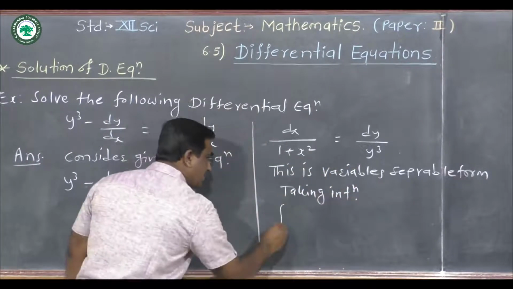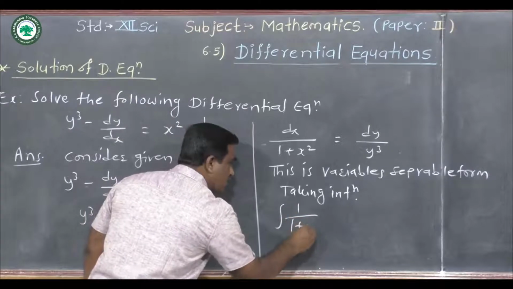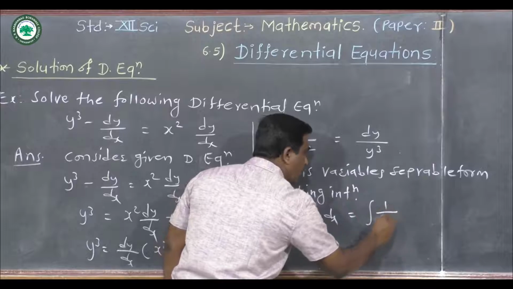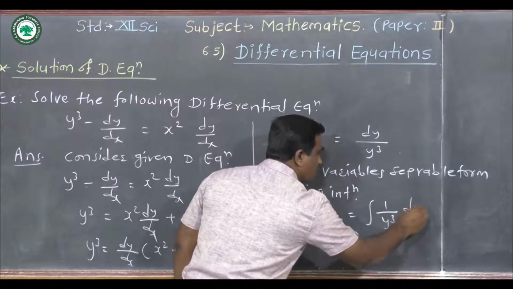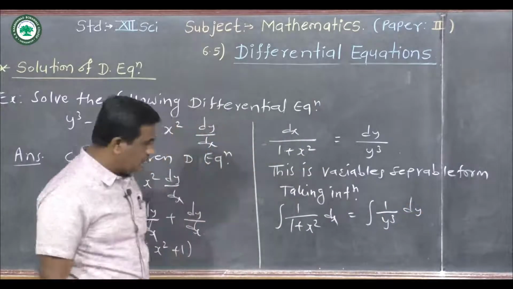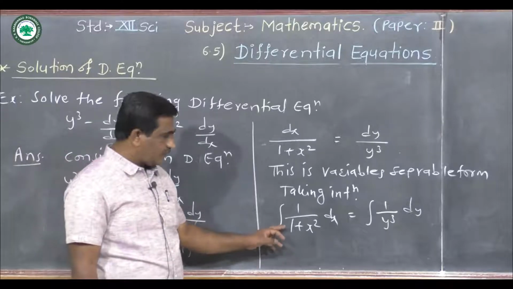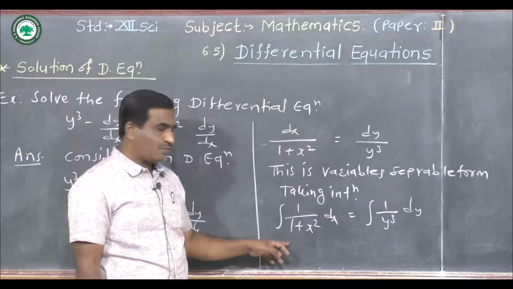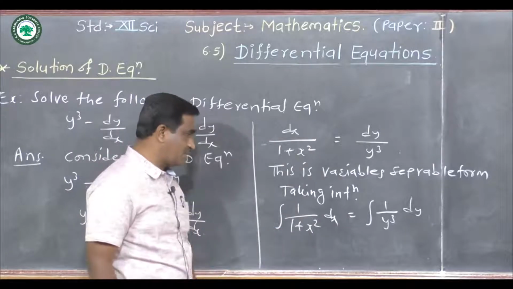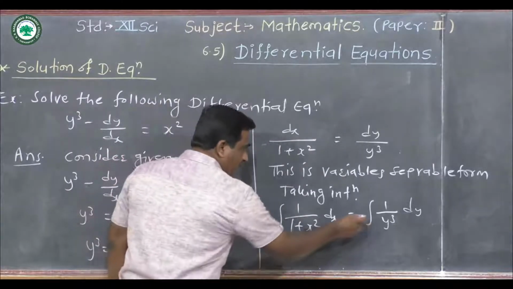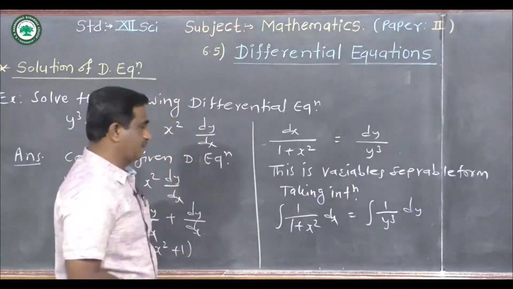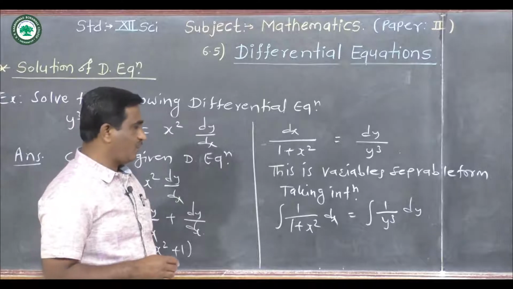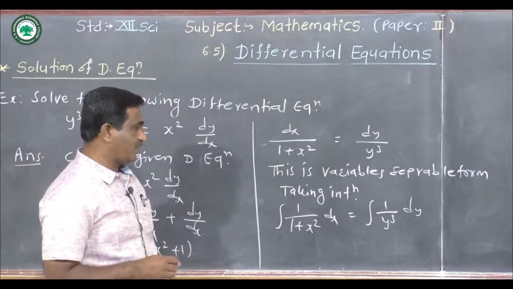we can write the integral of 1 upon 1 plus x square into dx is equal to the integral of 1 upon y cube into dy. Now here we can use the formula: the integral of 1 upon 1 plus x square into dx is equal to tan inverse x. And we have to use the formula: the integral of x raised to n is equal to x raised to n plus 1 upon n plus 1.